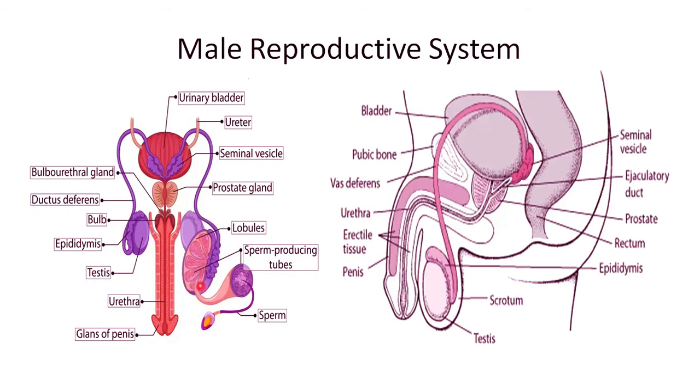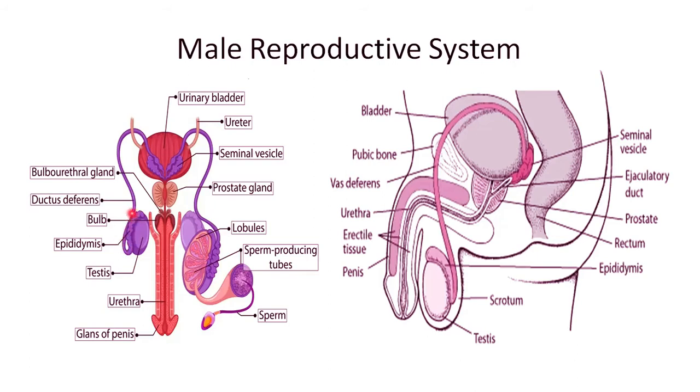So in the rete testis, after that the vasa efferentia are present internally. Then the epididymis. See, this is the epididymis.